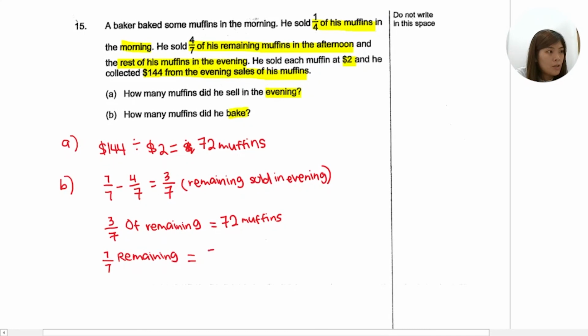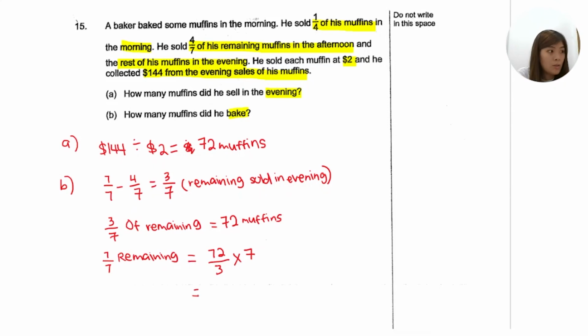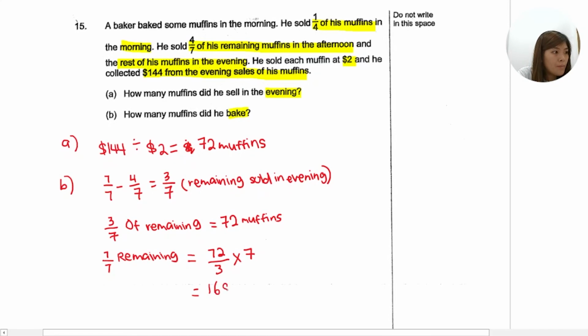We take 72 divided by 3 times 7. Okay, so this one, 168. Okay, 168 muffins. So this is the remaining.